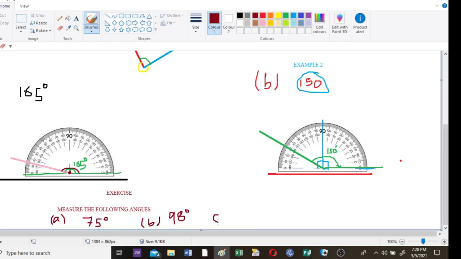And the C, this one will be an introduction to our next class. In this one, I want you to measure 270 degrees. I want you to draw a 270 degrees angle.